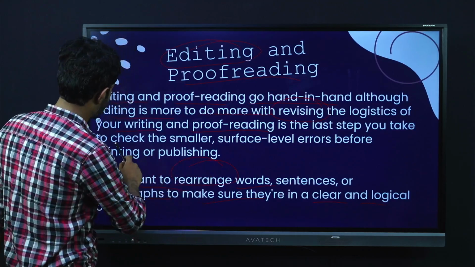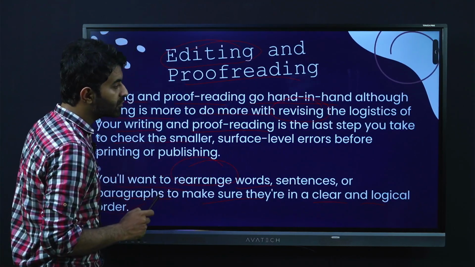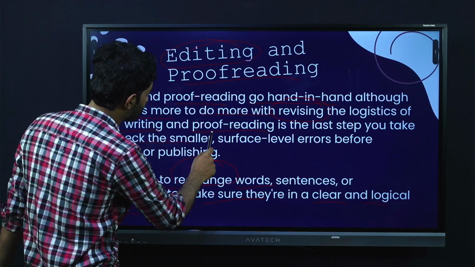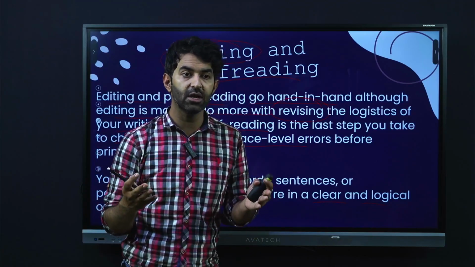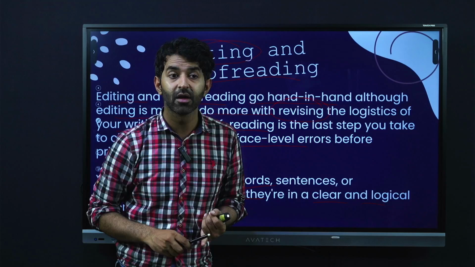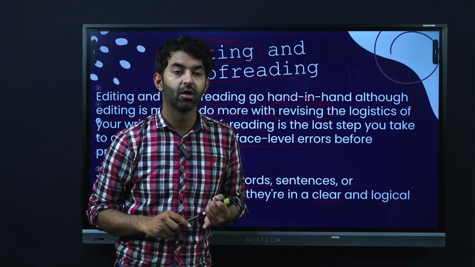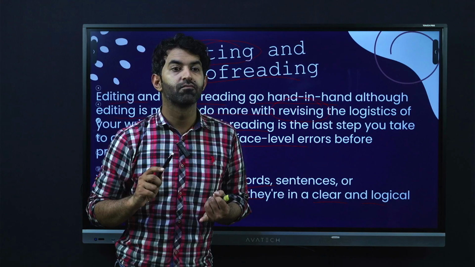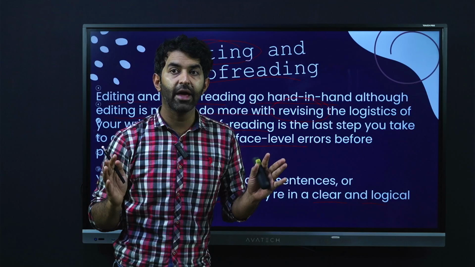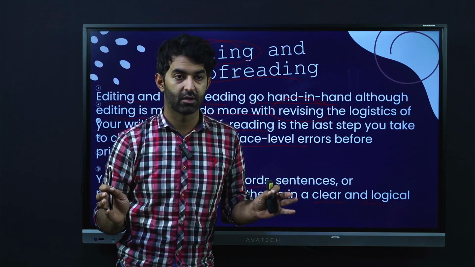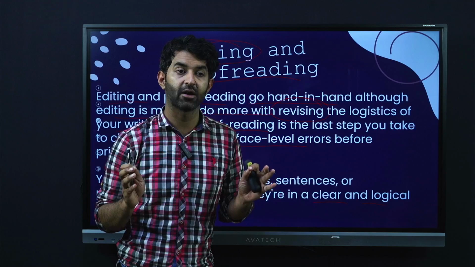Now, look at this one. We use it to check the smaller surface level errors that we can see. Surface level errors are your spelling error, your grammar mistake, if you have not actually written the title of that homework, of that task.